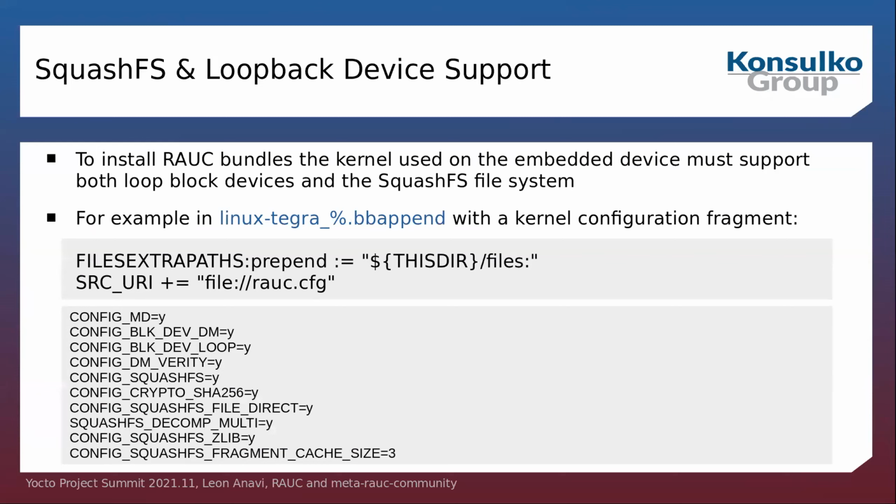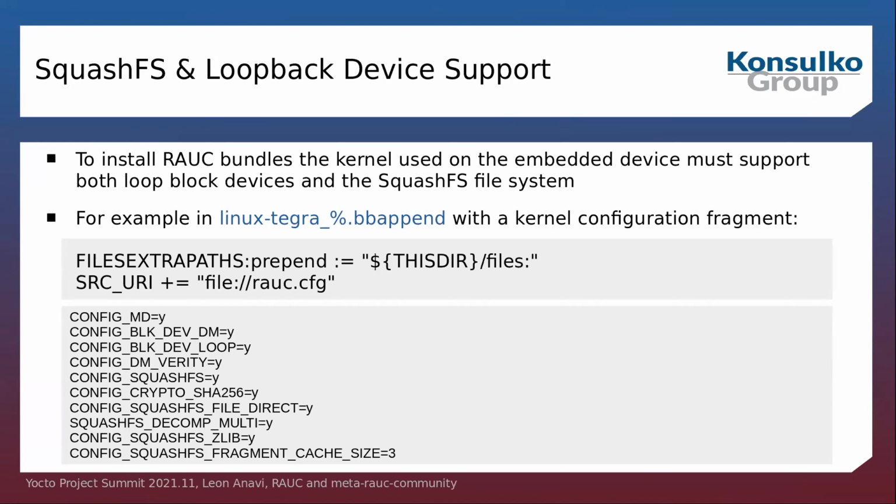Just a little bit of code review to explain how SquashFS and the needed kernel configurations have been enabled specifically for the Jetson Tegra device. I have created a bbappend file in meta-rauc-tegra that extends the Linux Tegra kernel recipe with a configuration fragment.